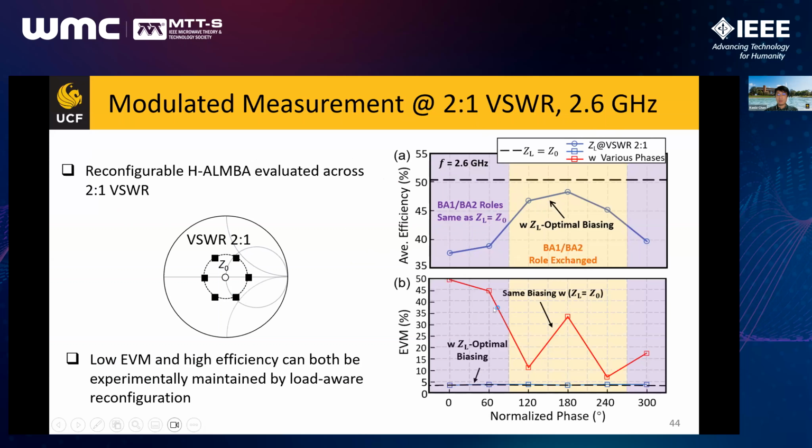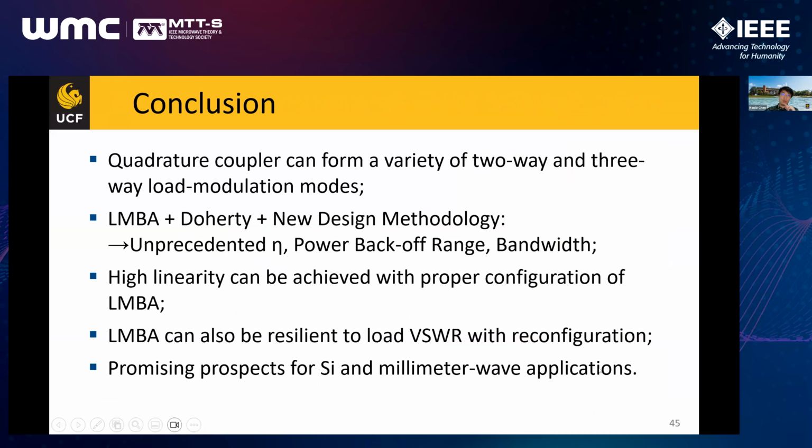And more importantly, the EVM can be effectively recovered from this red curve, which is the performance without any bias tuning, and through the mismatch resilient tuning we can recover the EVM almost equal to the matched condition. This shows that this LMBA can be operated effectively in phased array operations.